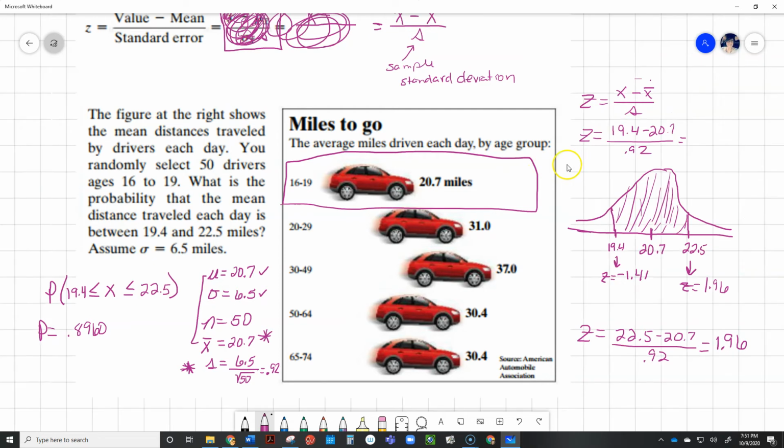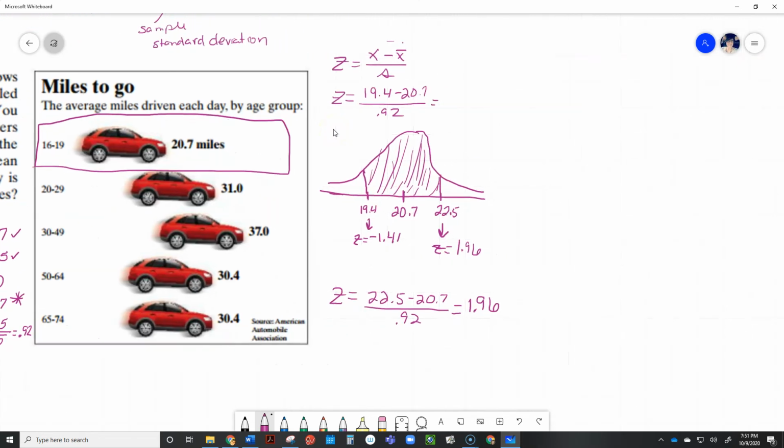Let me move this a little bit out of the way. So now I look up the area for 1.96 and I subtract away from that the area for negative 1.41. So I use my table and look it up.